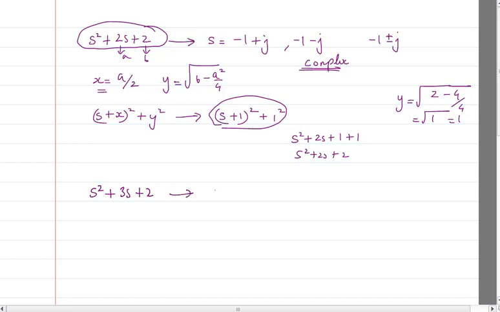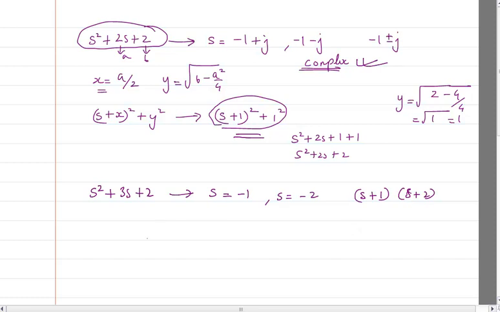You will see that I will get the poles as s is equal to -1 and s is equal to -2. So the factors are straight away going to be s plus 1 and s plus 2. It does not matter that you have to write it in this form, because it is straight away a simple pole. It's not complex. This we used only when we had complex.